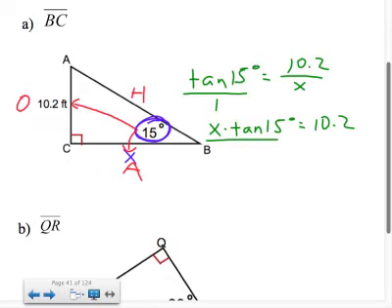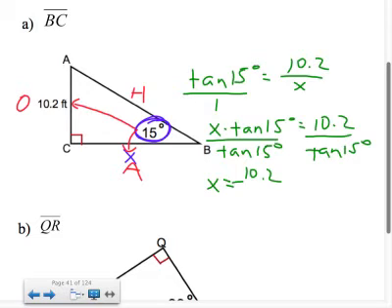And then you divide both sides. You got to get X by itself, so you divide both sides by the tangent of 15 degrees. So the exact answer would be X equals 10.2 divided by the tangent of 15 degrees. If it said round to the nearest hundredth, I can go ahead and plug that in. By the way, leave the trig ratio in there until the very end.